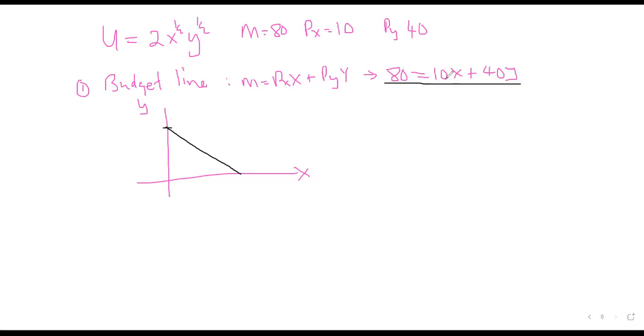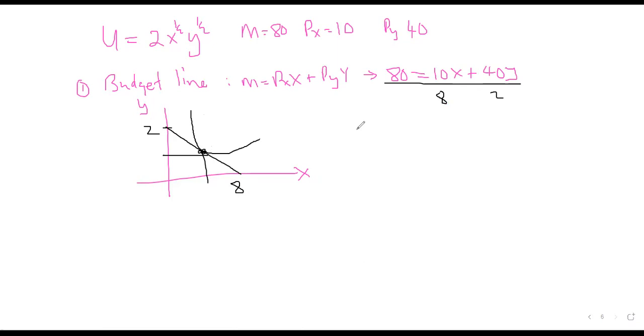To cut the Y at 2. And the X at? 8. Y at 2. X at 8. Correct. So now we want to calculate the point at which we maximize our utility functions.